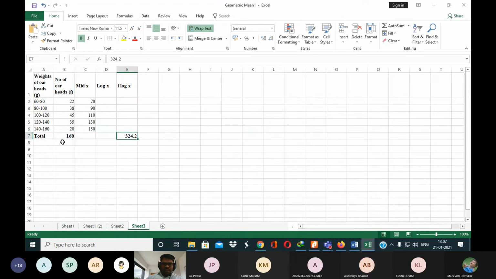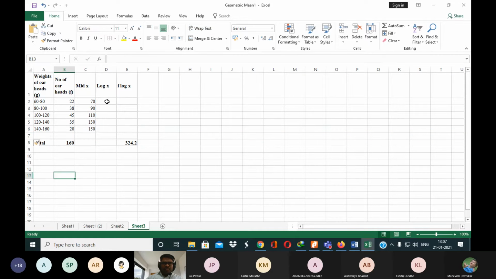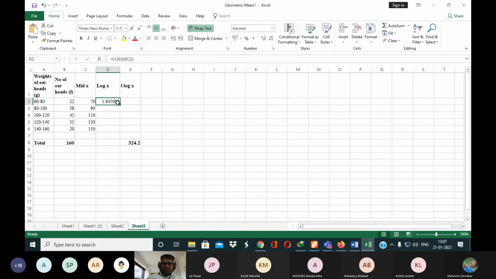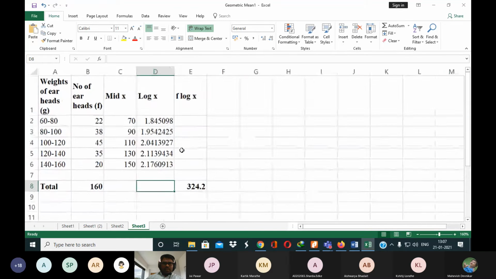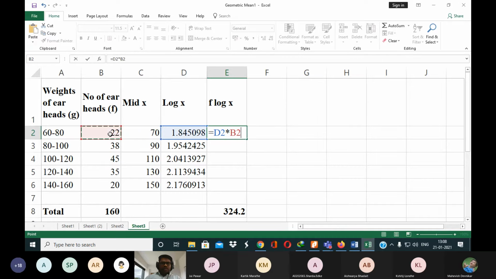Your answer should be like this. Okay, so we will check it. Find the log of x, log of 10, which is 1.84. So it will be like this. And then you can multiply the log of x value by the given frequency.